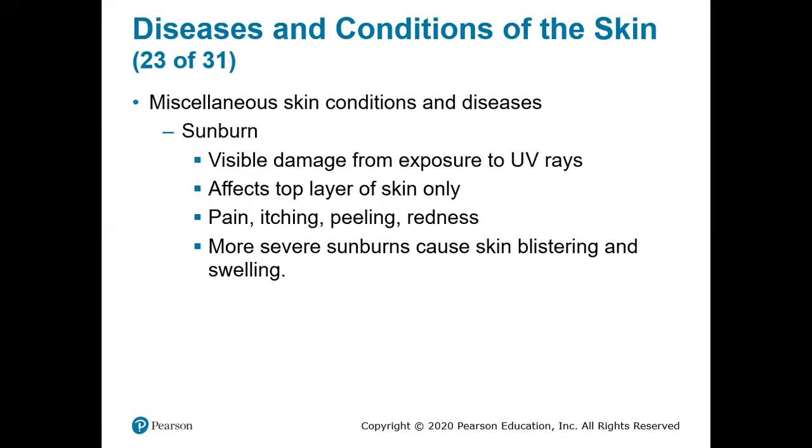Sunburn begins on page 370. This is visible damage from exposure to UV rays. It affects the top layer of skin only. It's painful and can cause itching, peeling, and redness. More severe sunburns cause skin blistering and swelling.